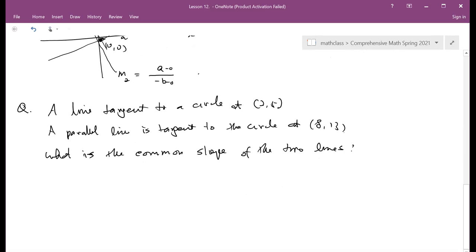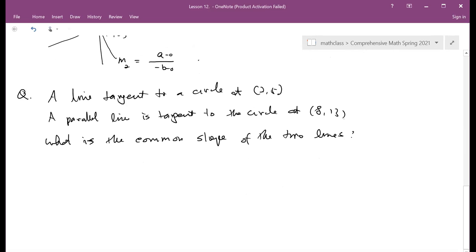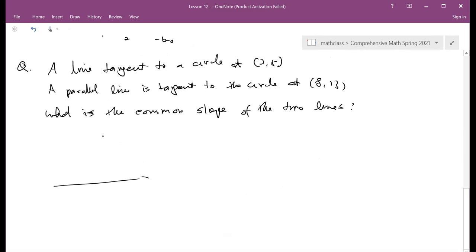Those two lines, let's see. Let me draw the picture, okay? We don't know how the circle is located, right? So we have (2, 5).